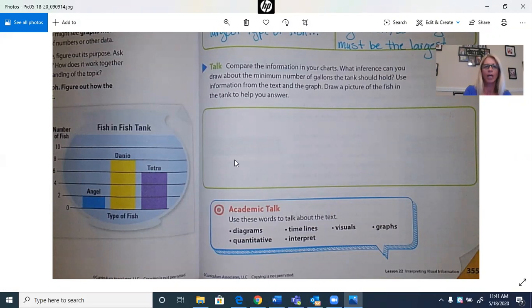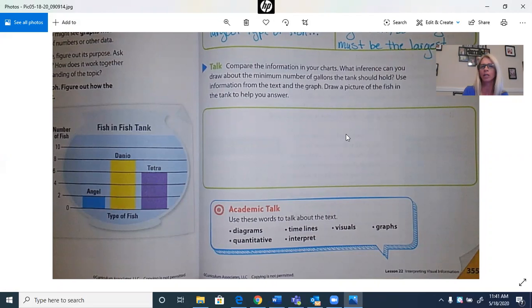So you know we have 6 tetra, 8 danio, so that's 14, and 2 angelfish, so that's 16 fish. So if you need 1 gallon of water for each fish to be healthy, it would have 16 gallons of water, right? And you can count the fish by 2s also. So 2, 4, 6, 8, 10, 12, 14, 16.